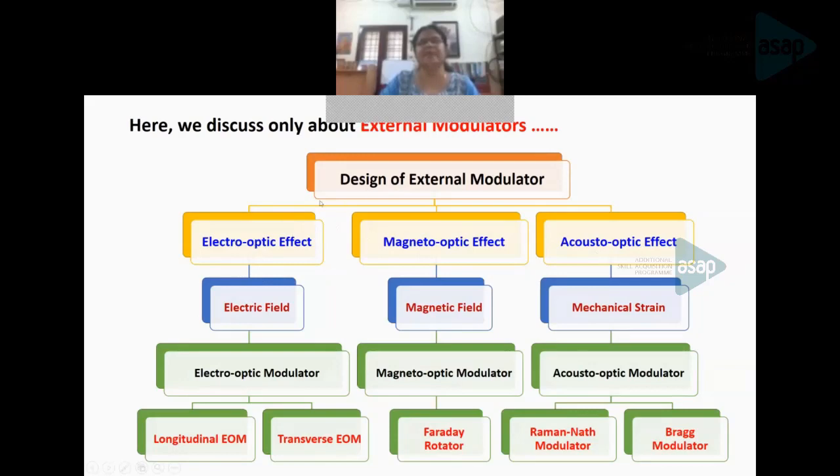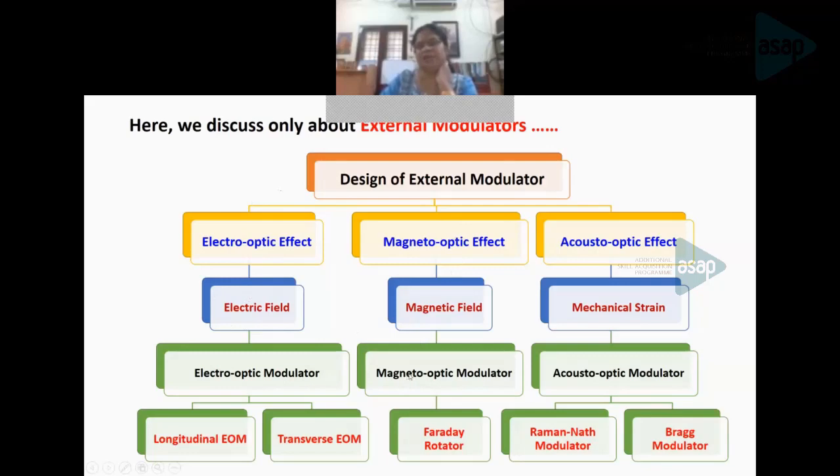Electro-optic modulators are those in which the applied electric field changes the optical property of the medium.